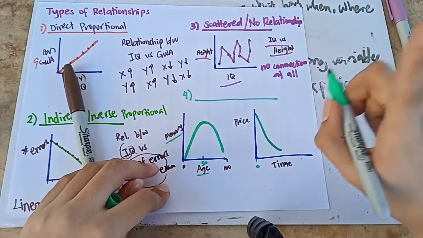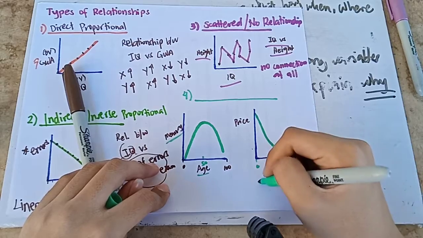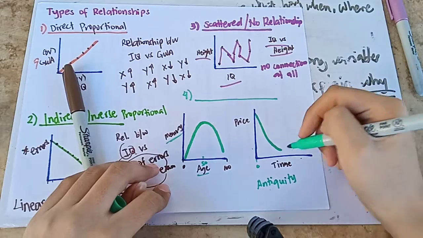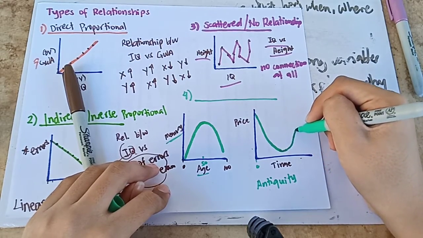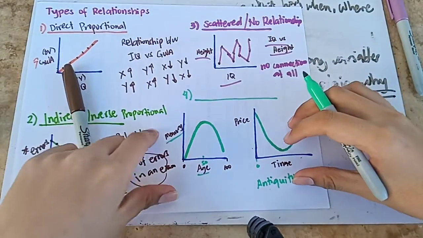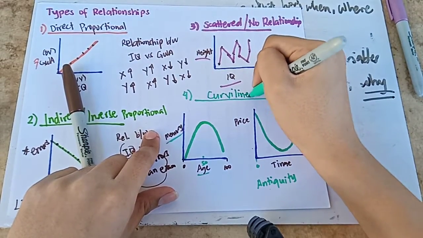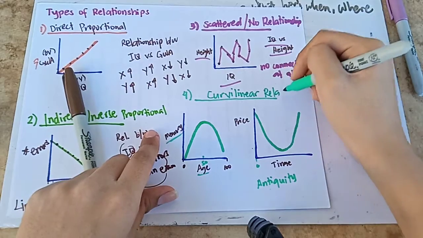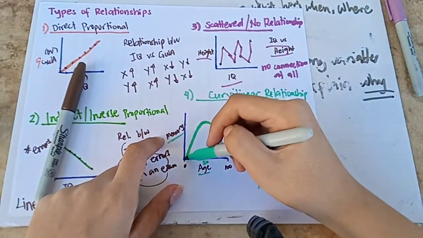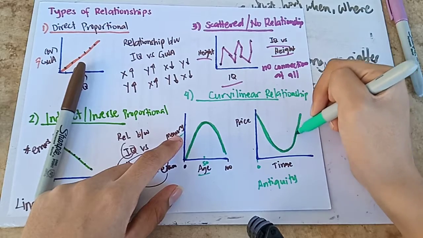But once the item reaches its antiquity, the time it becomes an antique or a vintage item, the price becomes higher again. So these two relationships will be known as curvilinear relationship. Why? Because the representation of the graph is curvilinear.